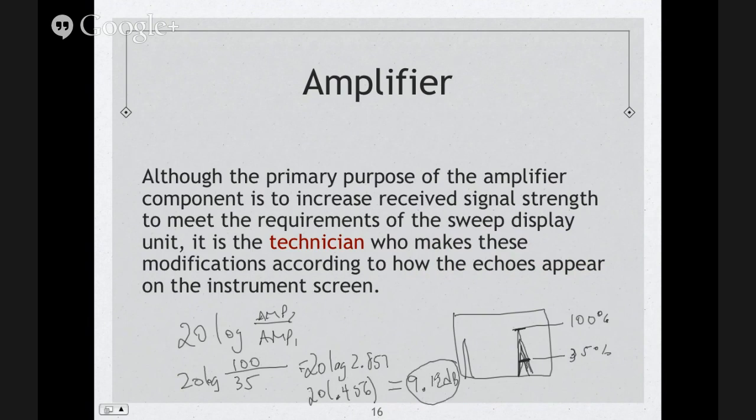Or if you do this formula, you could just go ahead and crank it up to 9.12 decibels, and it's the same thing. You're going to see that now this indication is going to be, try to bring this indication up to 100%.